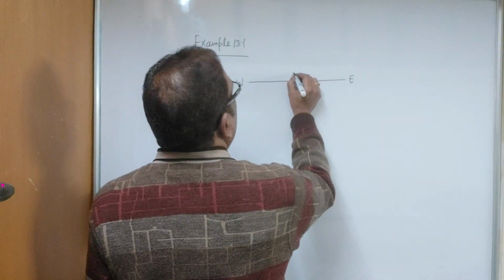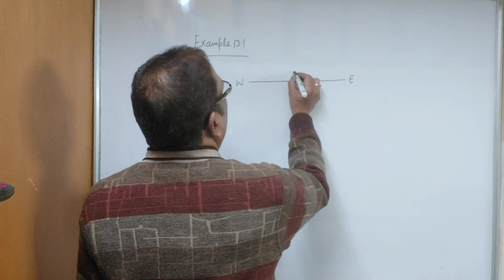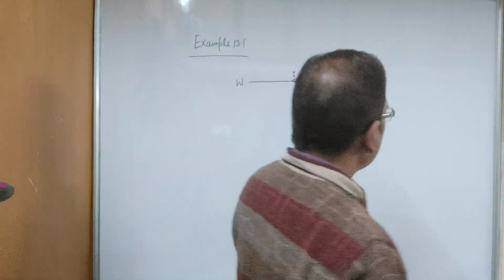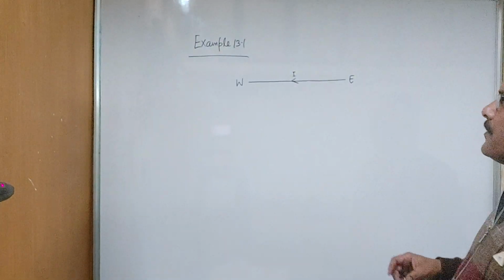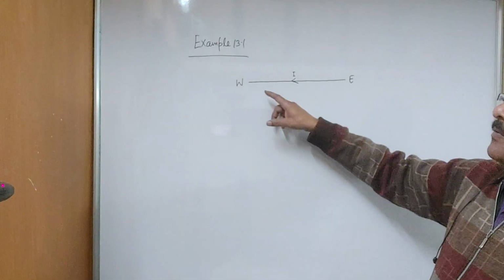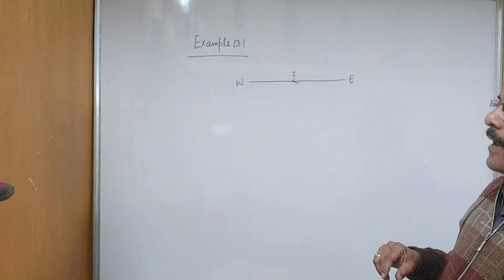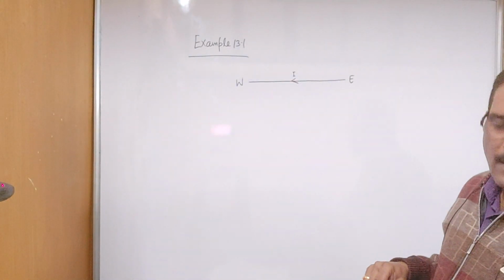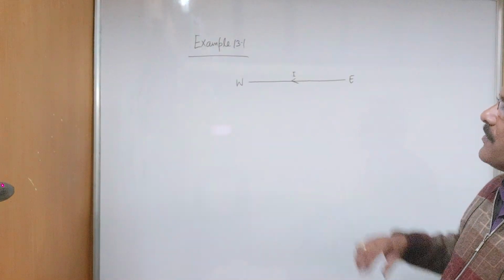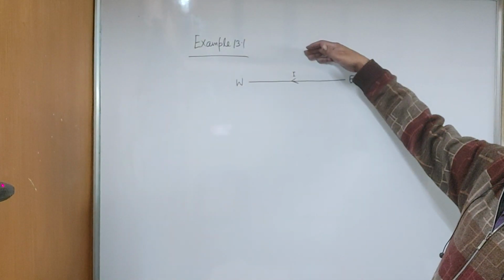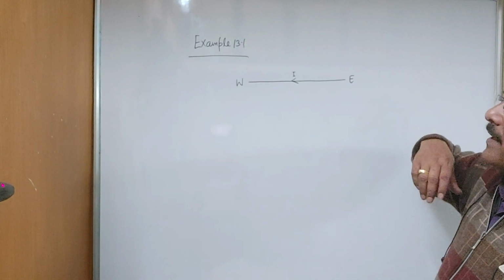So this is the direction of current, I. Current is flowing from east to west direction, and you have to answer the direction of magnetic field above this wire and below this wire.